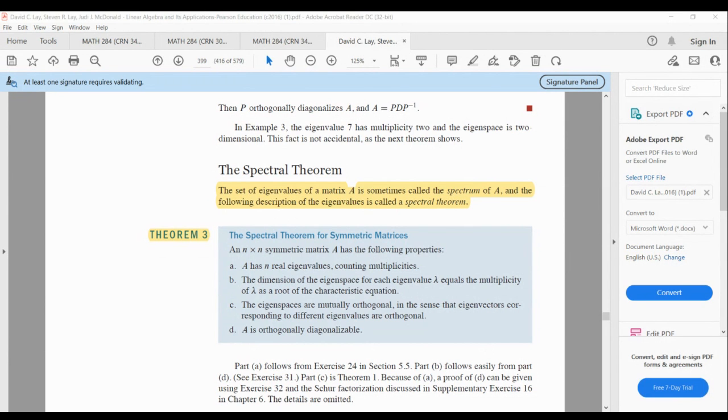That's beautiful, such a wonderful thing. And in nature, a lot of matrices, particularly in statistics applications where you're doing data analysis, like if you're looking at variances and covariances of variables, those matrices are symmetric.